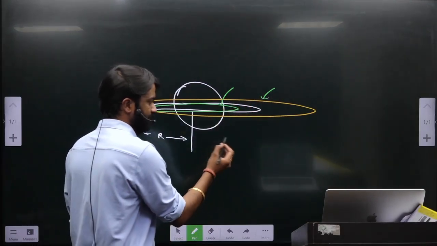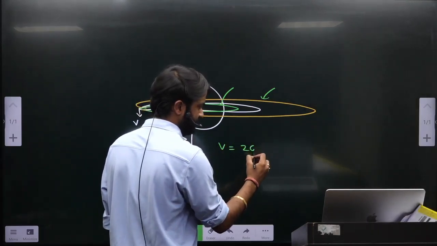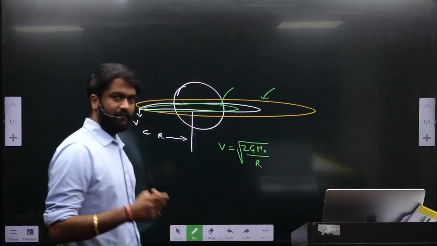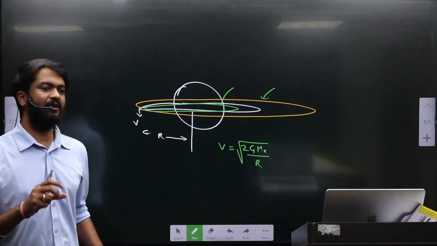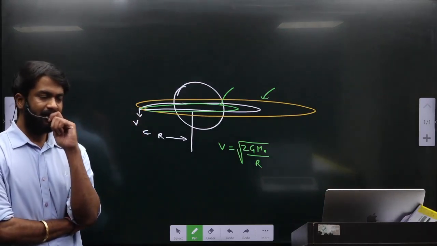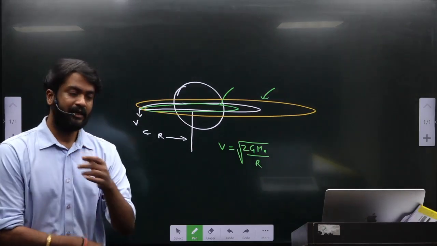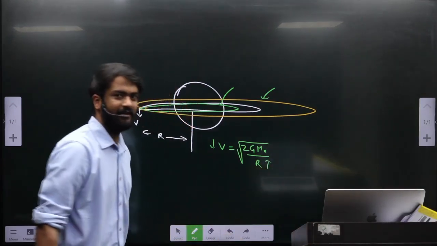I told you that velocity is the square root of 2 times G times the mass of the earth upon r. What I am doing is reducing the velocity of the object. If I am reducing the velocity, what is the way out? Obviously you have to increase the radius.